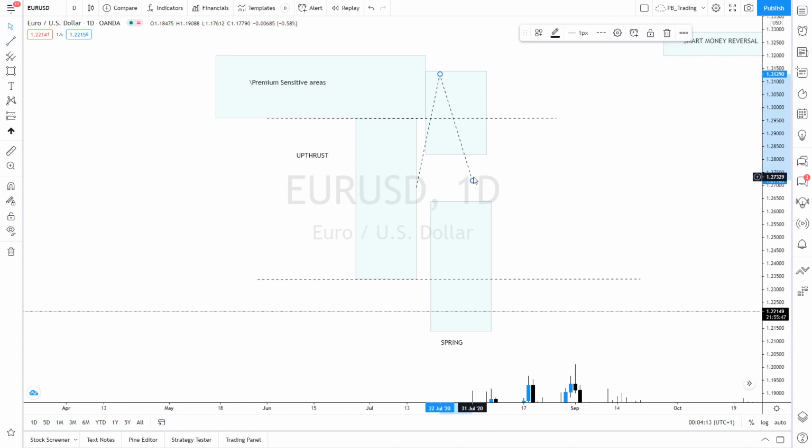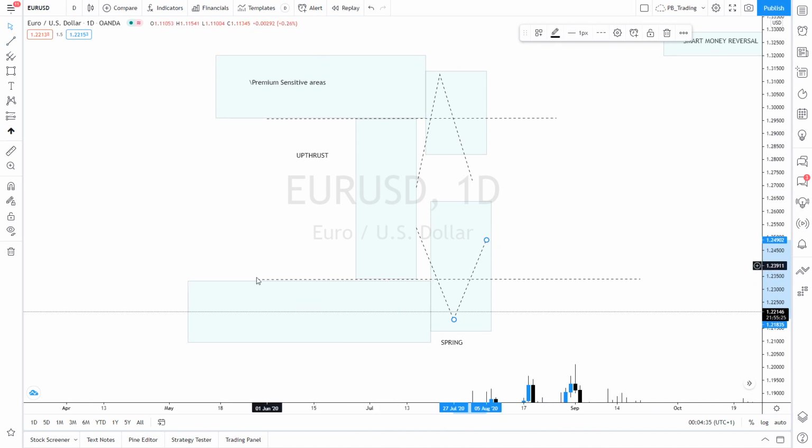In the same way, if we have price thrusting through the lows of our daily range, we look at discount sensitive areas. These are areas where price could give the best reaction before pulling back into structure.